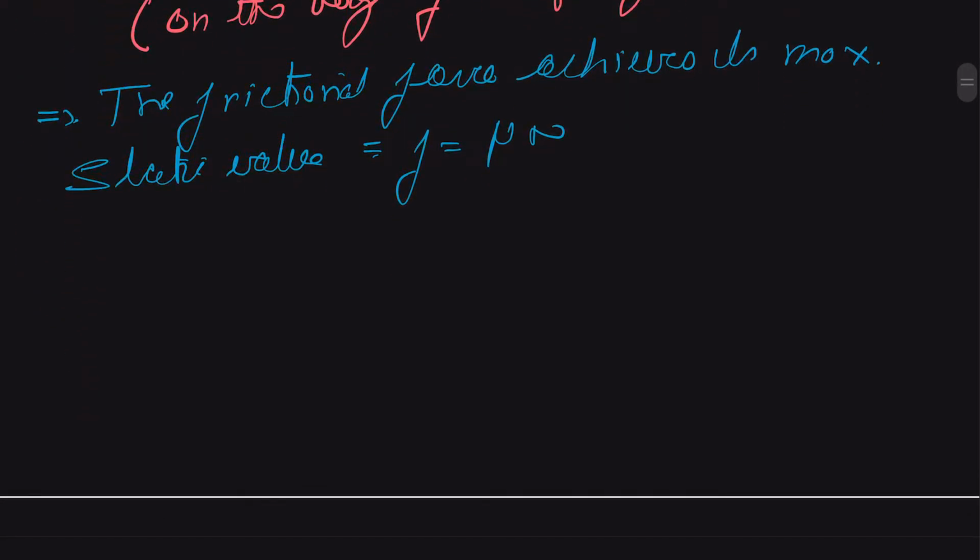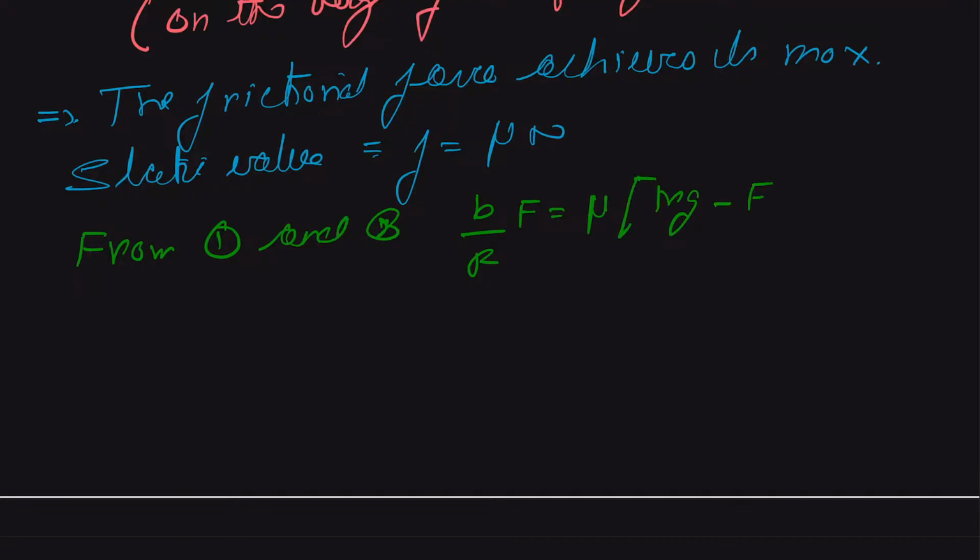So from equations 1 and 2, our frictional force is B upon R times F. This comes as mu, and our N is mg minus F sine of theta.